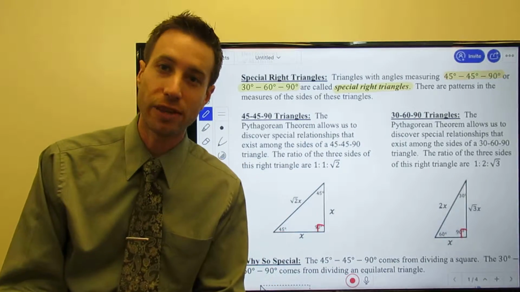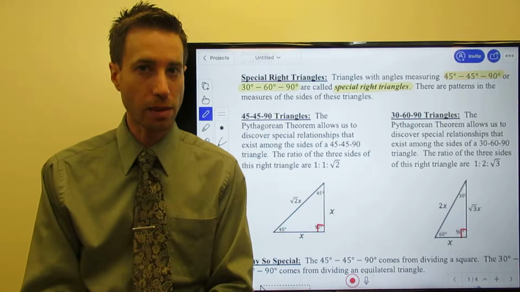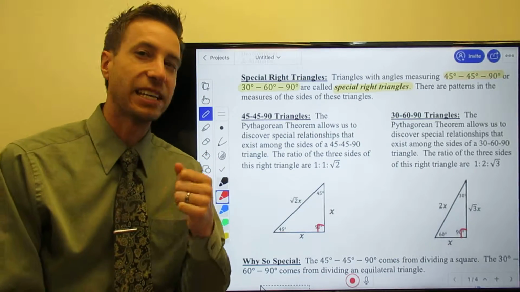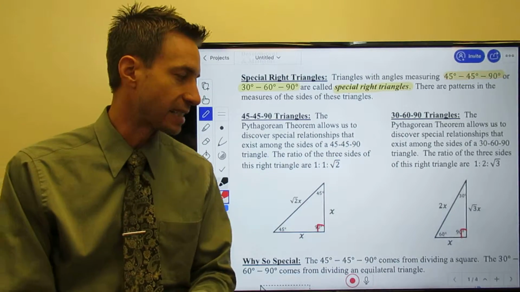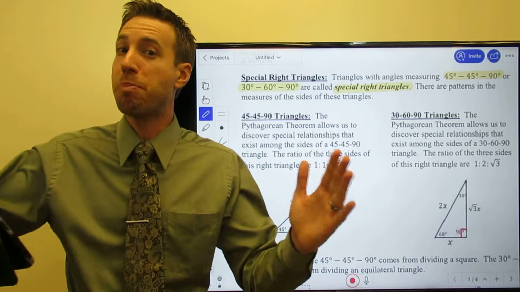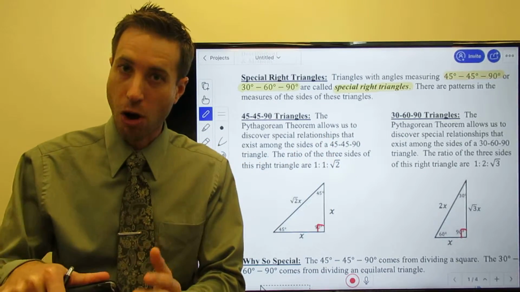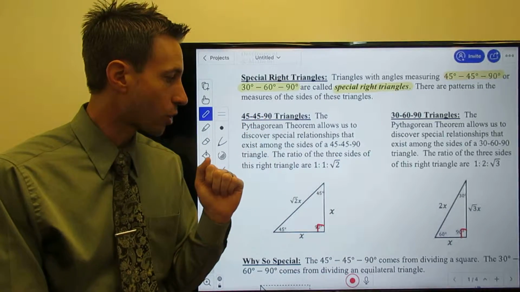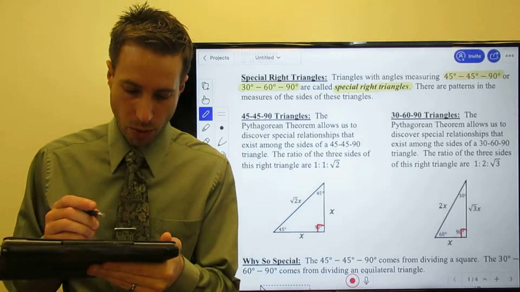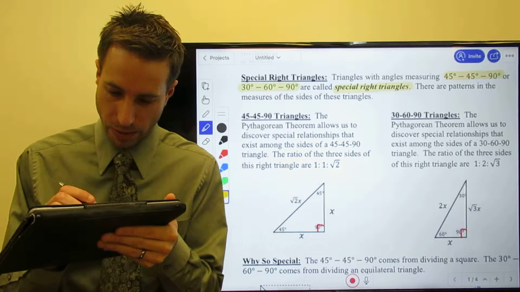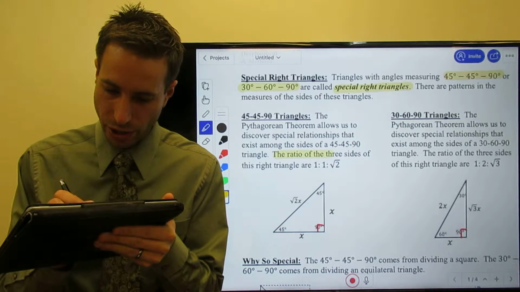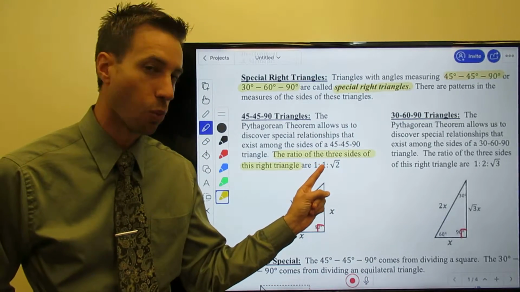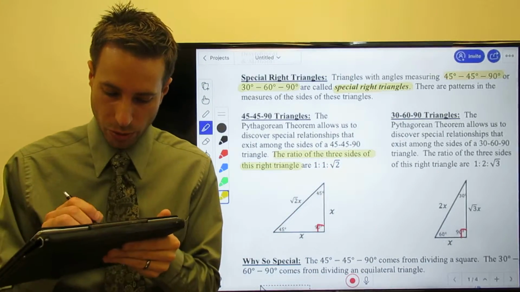Now again, why are these triangles special? I'll talk about that in just a second, but for now, what's important is the ratio of the sides. It doesn't matter how big or how small these triangles are. In the 45, 45, 90 triangle, the ratio of the three sides of this right triangle is 1 to 1 to the square root of 2.